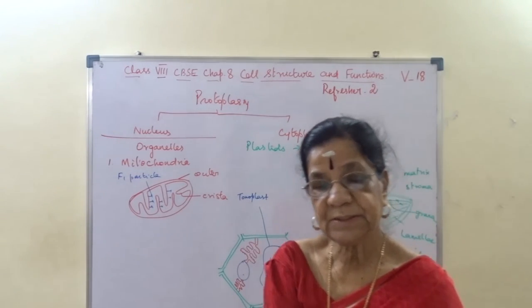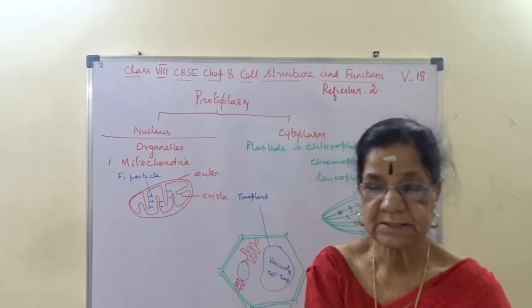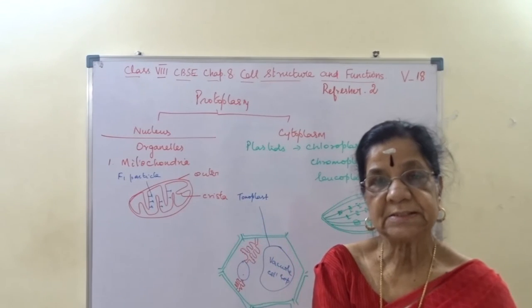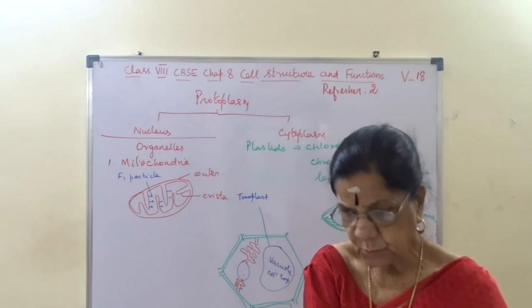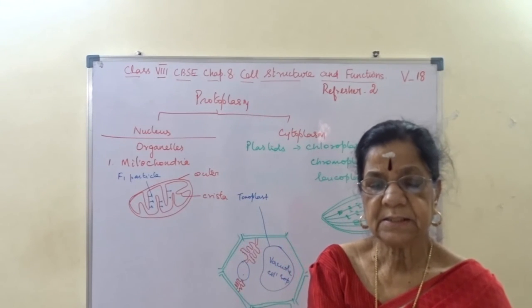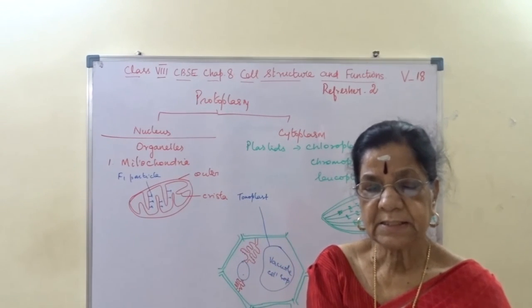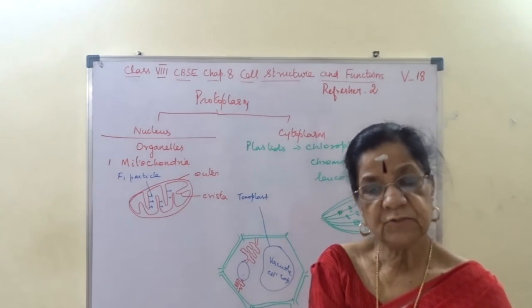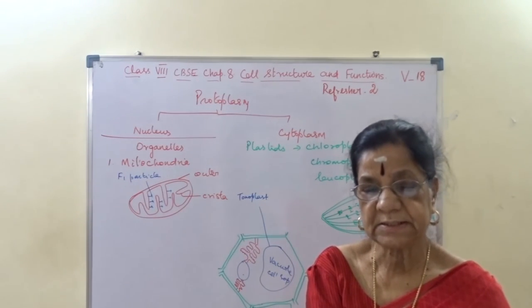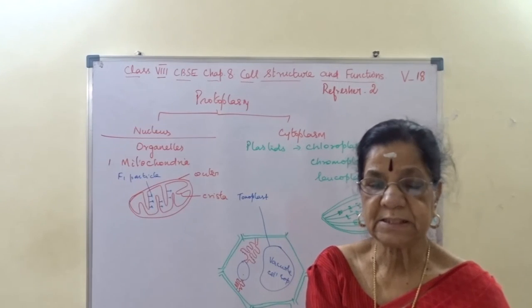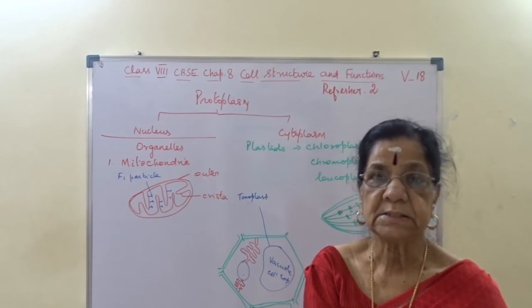Whereas animal cell lacks a cell wall. Animal cell is comparatively smaller in size than the plant cell. It lacks a vacuole. Even if present, as I said, they are very small in size. And all animal cells contain centrosome.